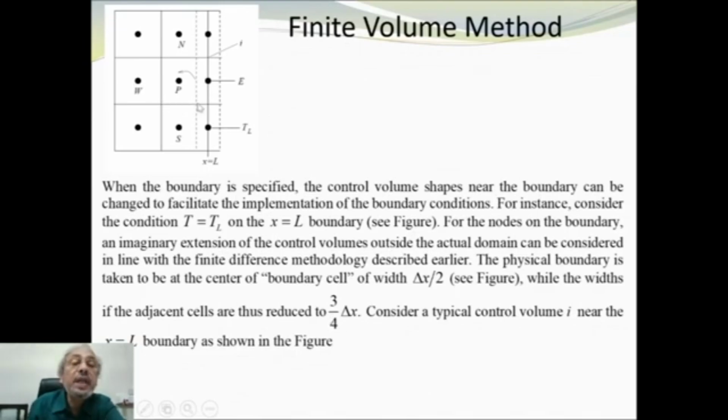So this cell width is not now full delta x, because 1/4 has been taken away while defining this cell, which is not a pseudo cell, but a real cell, with a dimension delta x by 4 on either side.